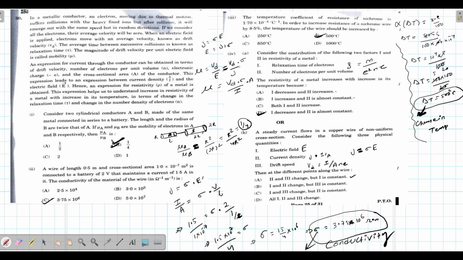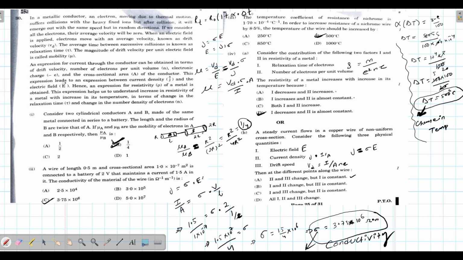Then part 3: the temperature coefficient of resistance of nichrome is given. In order to increase the resistance of nichrome by 8.5%, by how much must the temperature increase? We know the formula is RT equals R0 (1 plus alpha delta T).